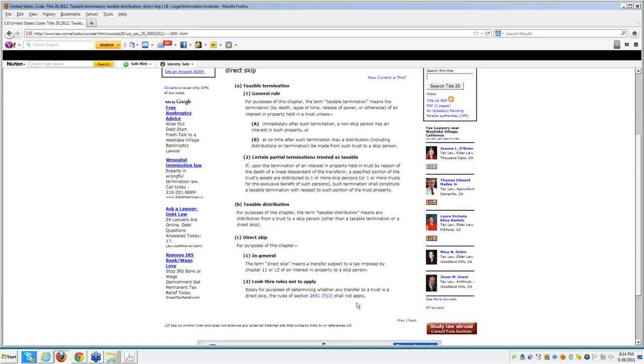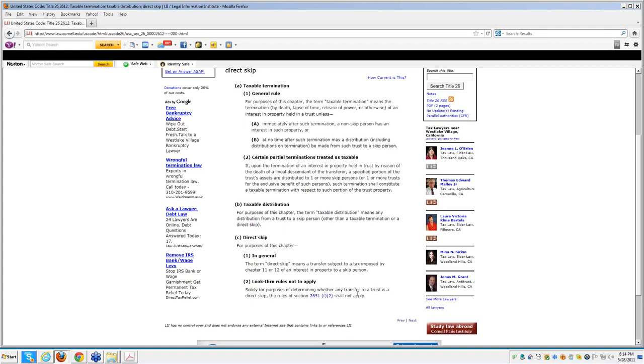It means a transfer subject to a tax imposed by Chapter 11 or 12 on an interest in property to a skip person. Okay, what was a skip person? Remember, it's a natural person or a trust. Right. So if you transfer property to a trust, it's a direct skip.